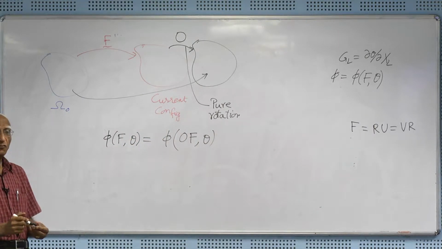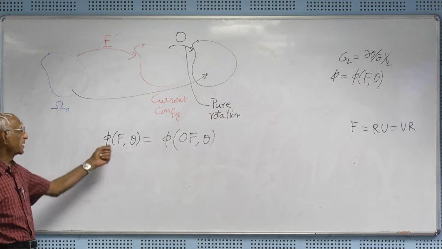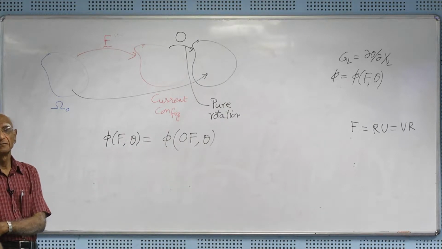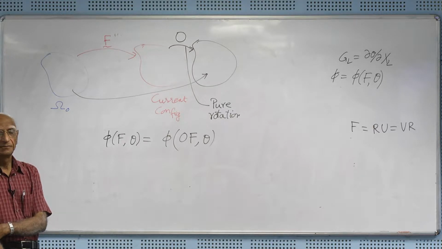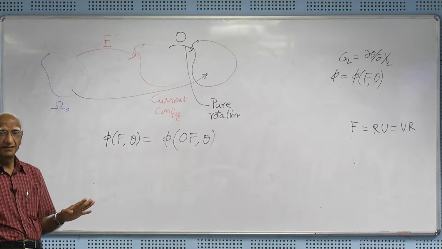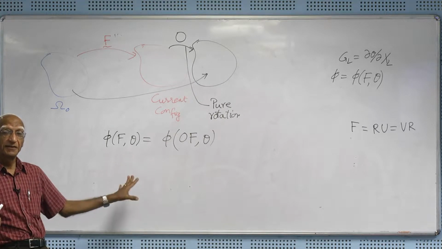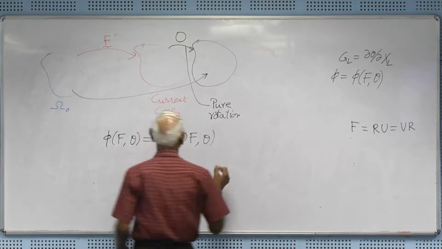So, I take whatever function you have, whether you plug in F or you plug in OF, you should get the same answer. Agreed? This is very important. Now you will see what happens.